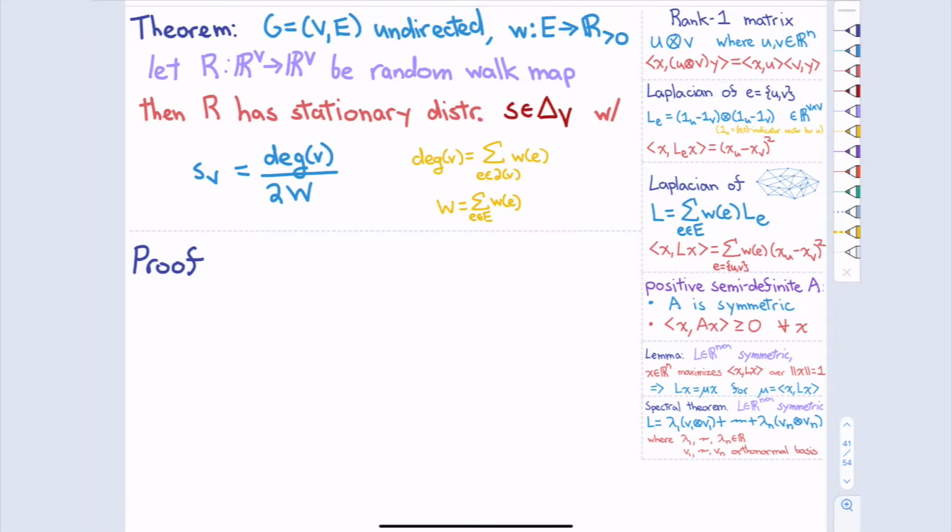Is it guessable? Let me see if it's guessable. Maybe not. By the way, I'm also assuming the graph is connected, in which case everything is unique.